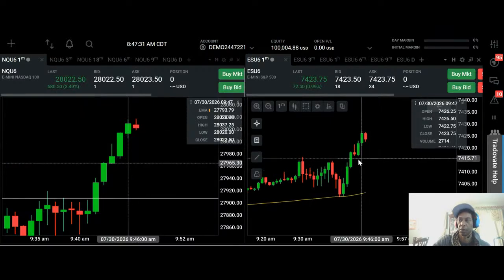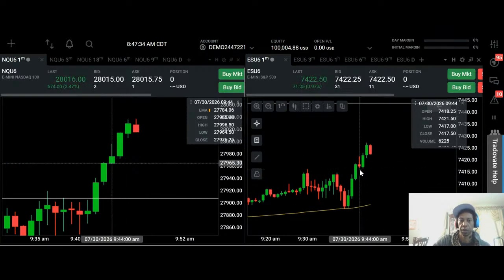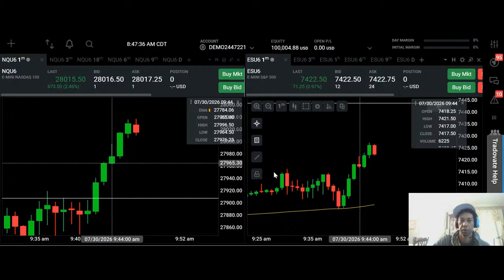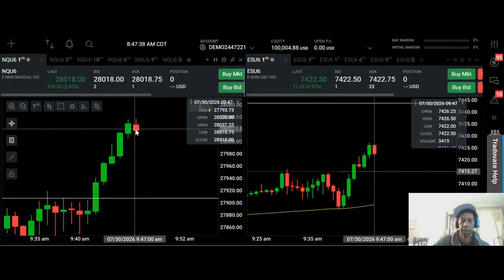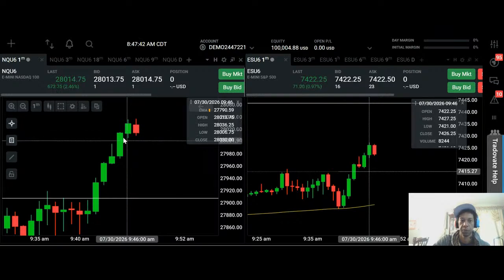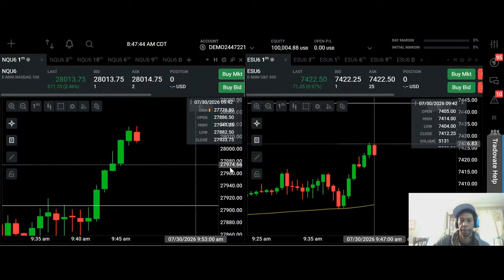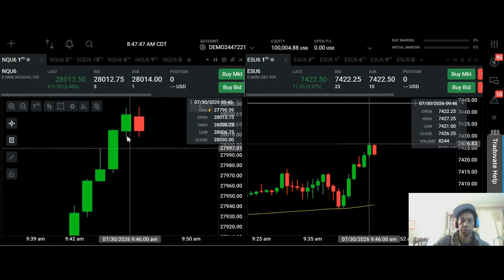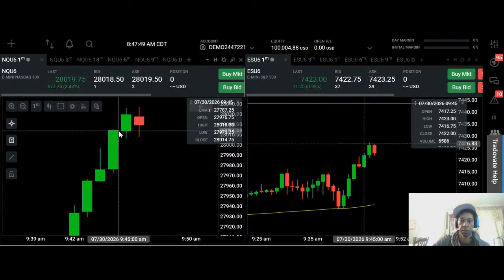So I'm gonna watch this 944 candle real quick. You can see it's a PSP, and the high is 947, and we got a volume imbalance. If they close below this volume imbalance, I'll take a sell, dude.